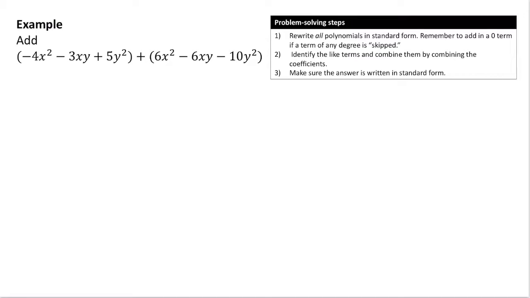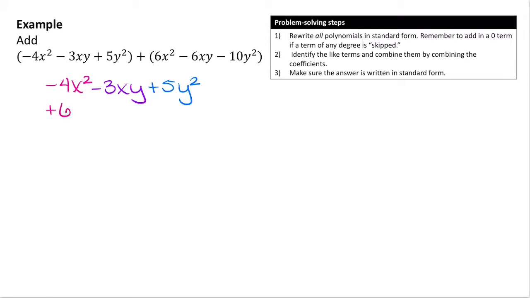So then the like terms will be the terms that have both variables with the same exponent. So for example, it's going to be minus 4x squared, and then minus 3xy, and then we have plus 5y squared. Okay, so we're going to combine with these same terms that have the same variables, same exponent in the second polynomial.